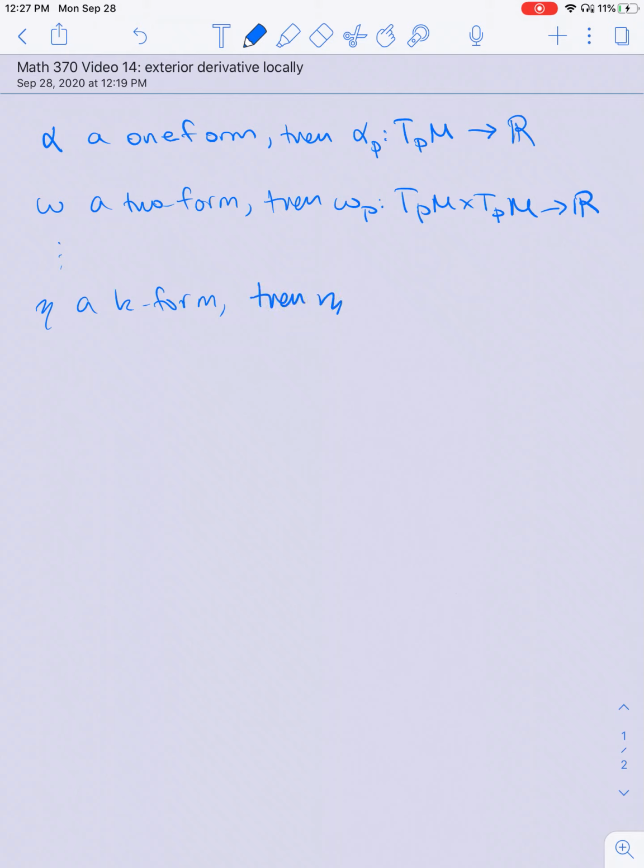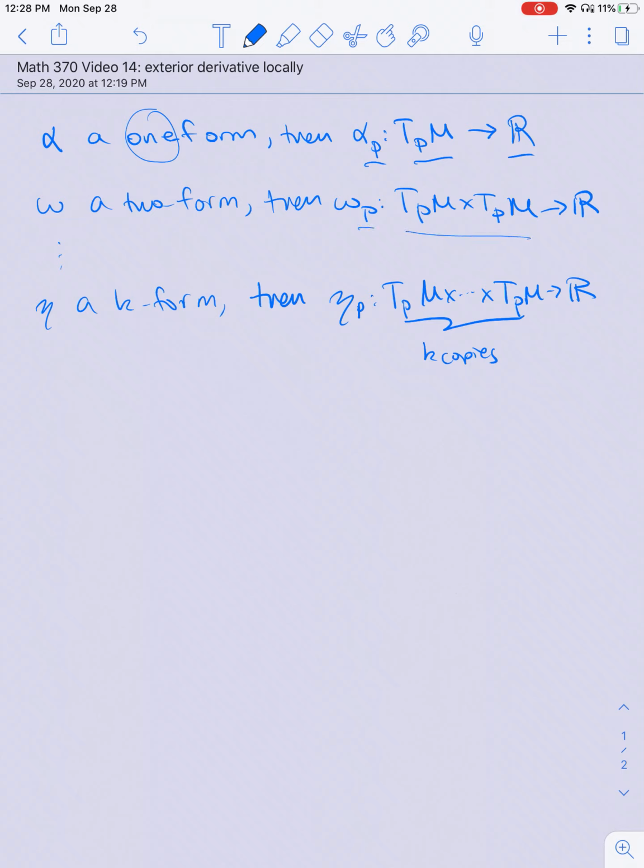So eta takes K vectors and sends them to R, right? So there's K copies. So if I want to degeneralize this, what is going on in each of these situations is I'm taking a point and then some number of vectors and getting out a number. So here, for a two form, I take a point and then two vectors, etc.